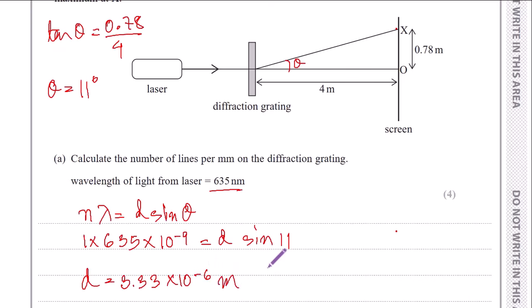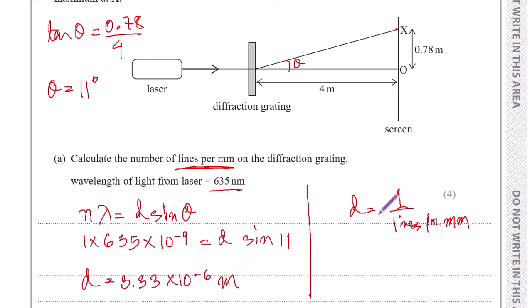Guess what? It's in meter. But the question says to find the number of lines per millimeter, right? And again, when it comes to unit 2, it's all about being able to recall the relevant equation. The equation that links d with lines per millimeter is d equals 1 by lines per millimeter. But if you have to apply this equation, d cannot be in meter.